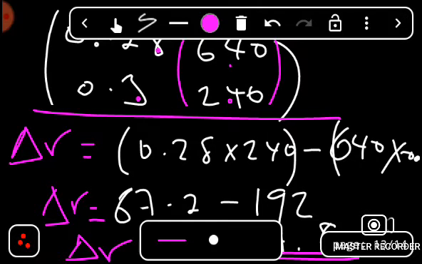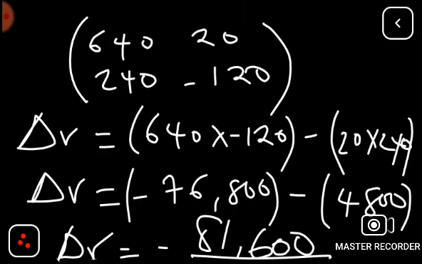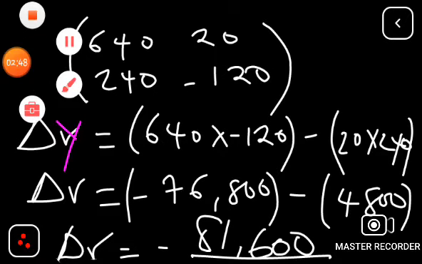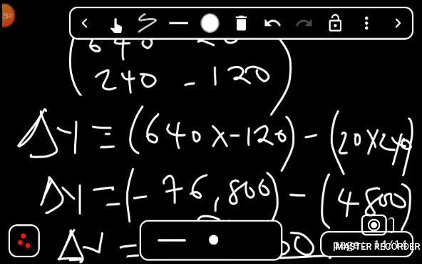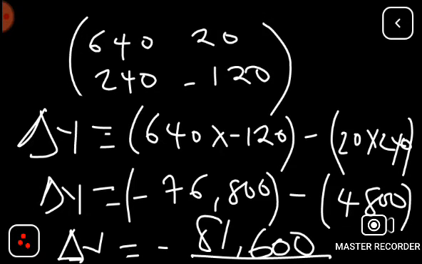Now let's find our change in Y. When you're trying to find your income, we change this first part of the equation.